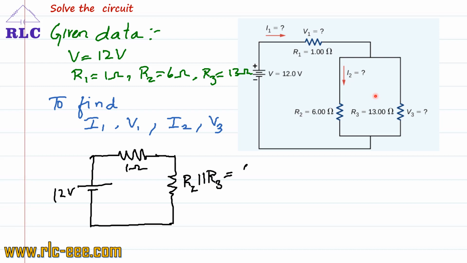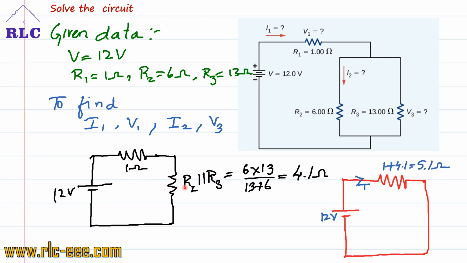By applying the shortcut method, you will get 6 into 13, that is product of two resistances divided by sum of two resistances. 6 plus 13, we will get it as 4.1 ohms. Now these two are connected in series. Again you can simplify the circuit like this, where it can be added up: 1 plus 4.1, that is 5.1, since they are connected in series.